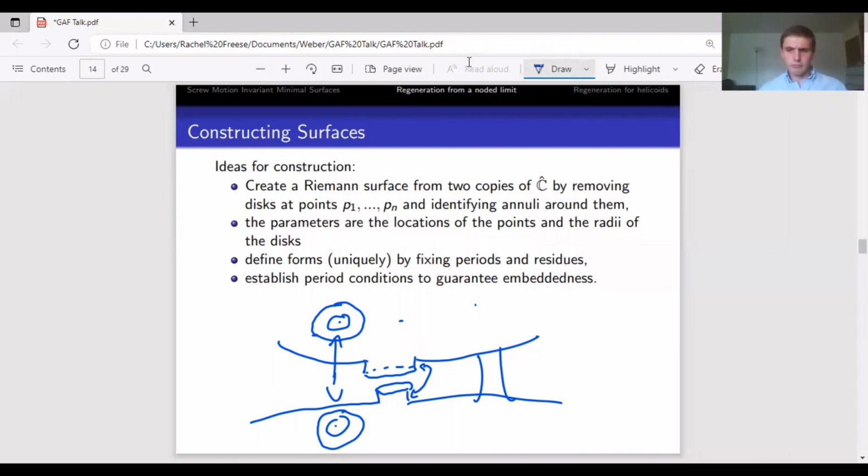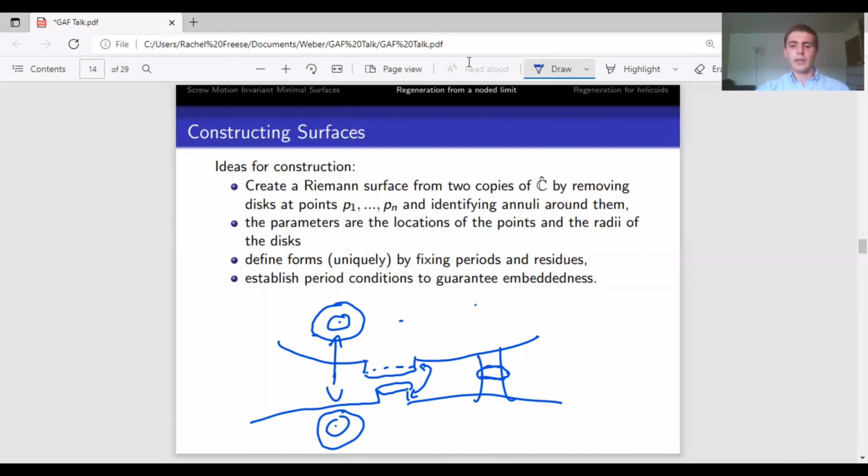So you can define it by using periods around certain homology classes, like this standard homology class that we use to define the one form, right? And you define the one form the way that you want it to be. So if you're wanting to get catenoidal necks, then you want the one forms around this to close up, to end up in the same space again.